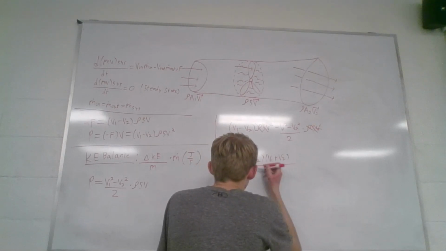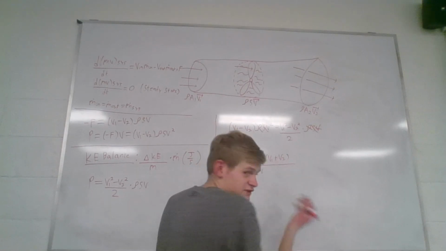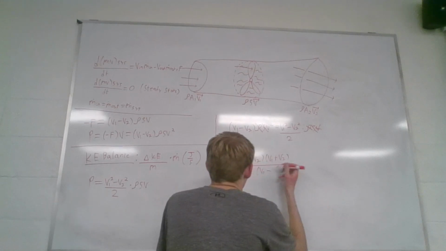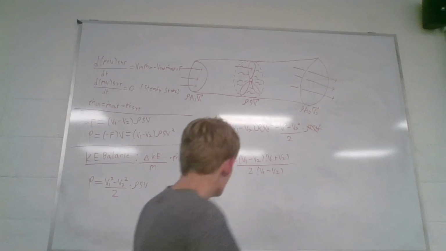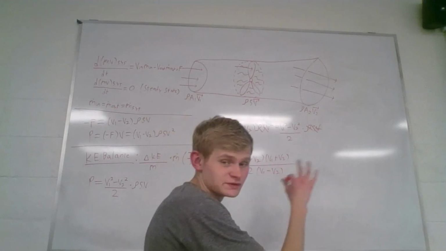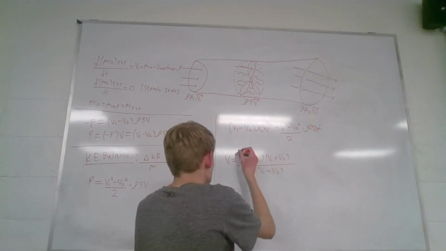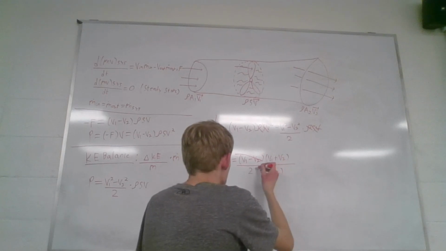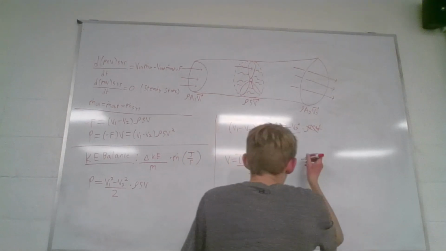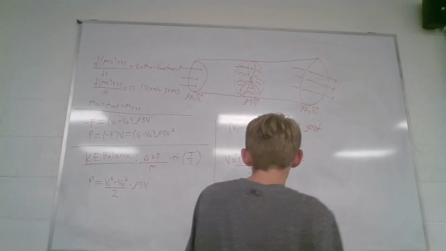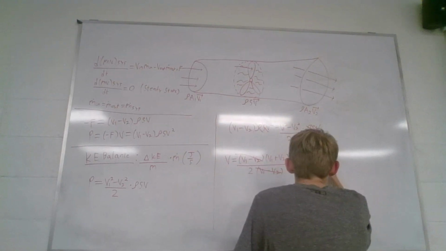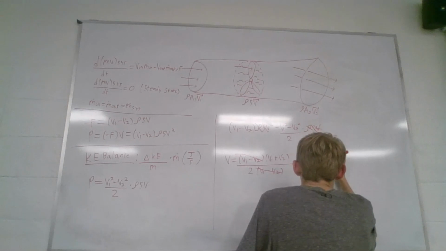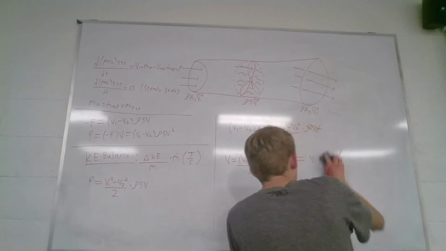It's going to be 2 multiplied by our velocity at 1 minus our velocity at 2. And you can see we can cancel both of these out now. And then we're going to have a new velocity equation.